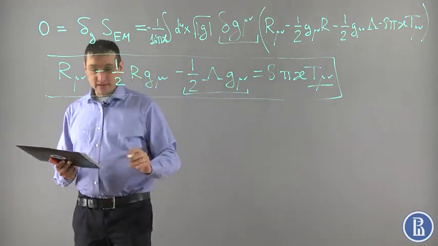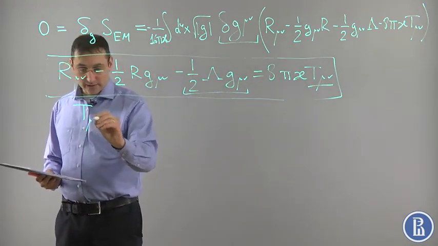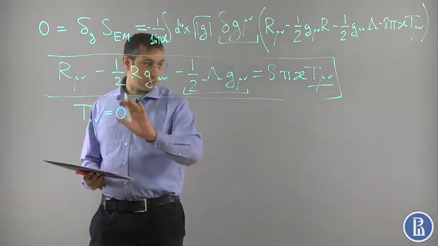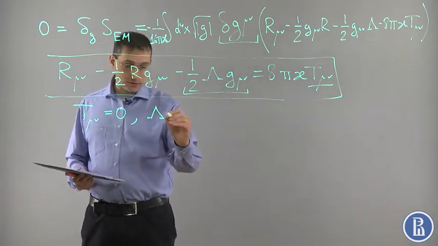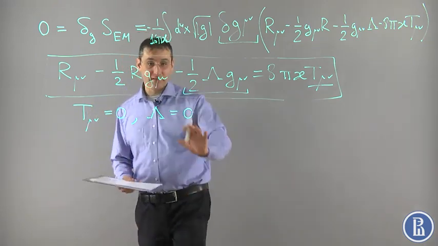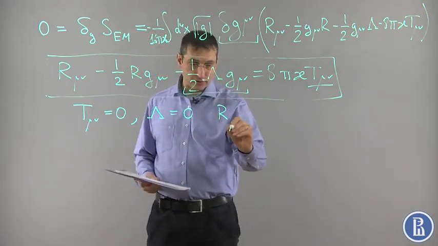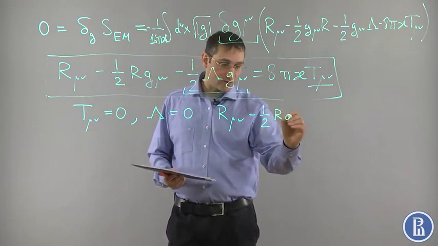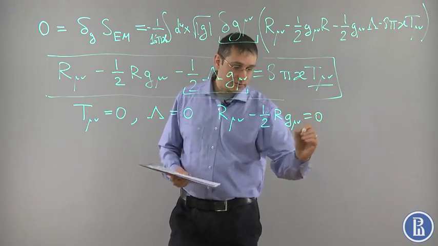First thing, let us assume that we are discussing things in the absence of matter, so no matter, and the cosmological constant is 0. Then this equation reduces to the following one: R mu nu minus 1/2 R times g mu nu equals 0.